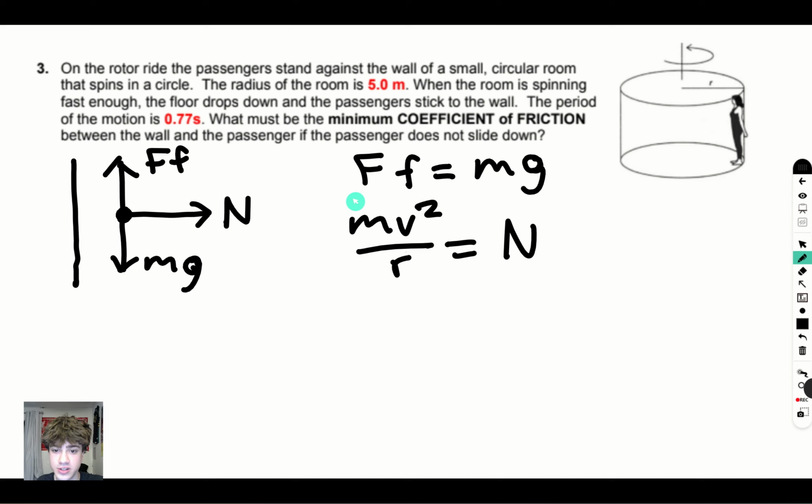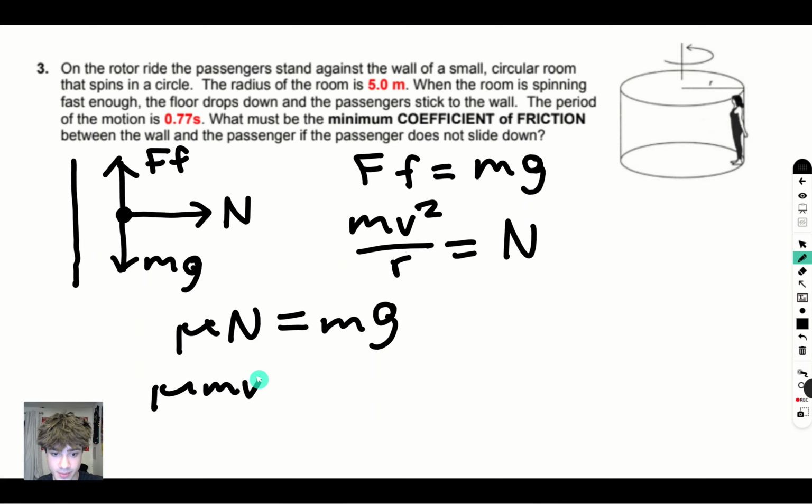Now, in order to make these two correlate, we're going to write our frictional force in its regular form, which is mu times N. We find that mu N is equal to mg, and then we're going to simply plug in our value of N. We get that mu mv squared over r is going to be equal to mg.